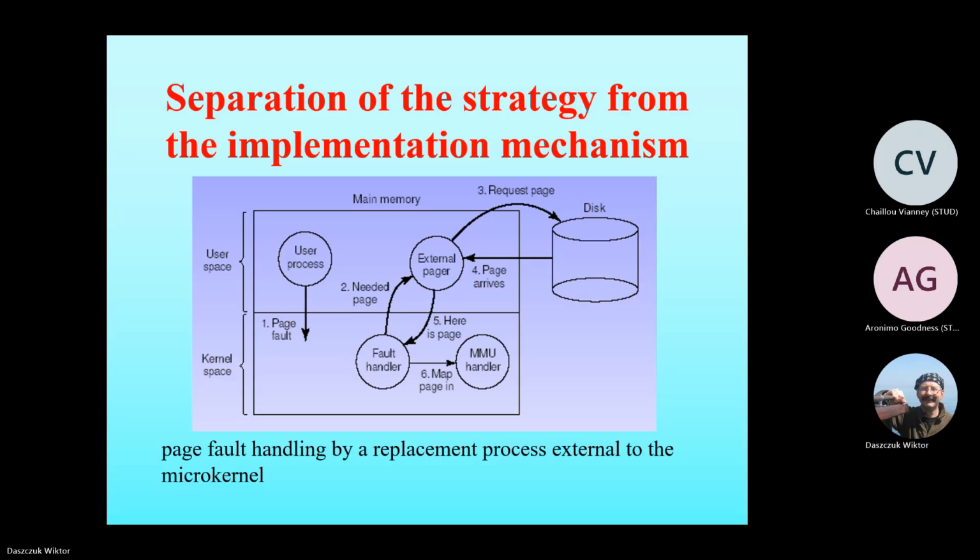The kernel modifies the page index table and informs the MMU that the page is in memory, because we can have a copy of the page index table inside the MMU cache. If we change the position in the page index table, and if this table is in the MMU cache, we must do the same in the cache of the MMU. So the MMU must be informed.